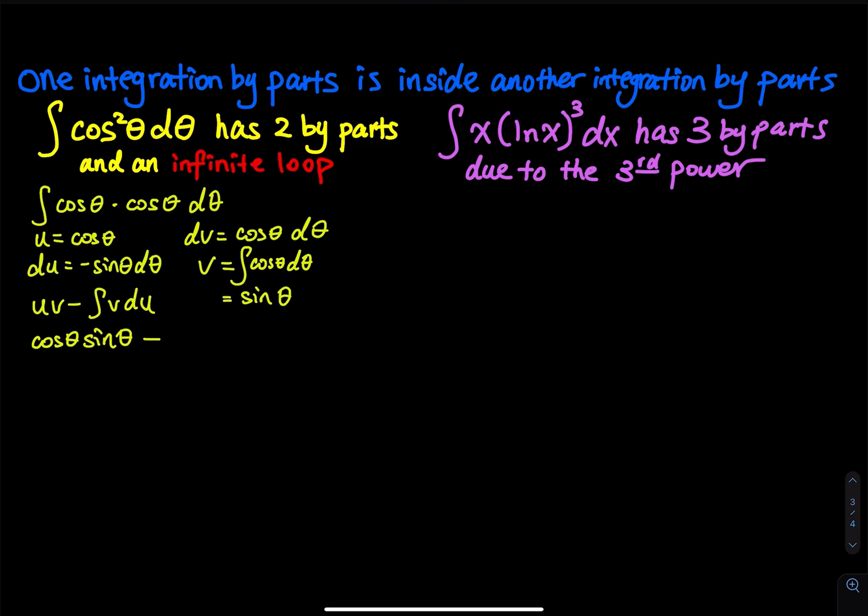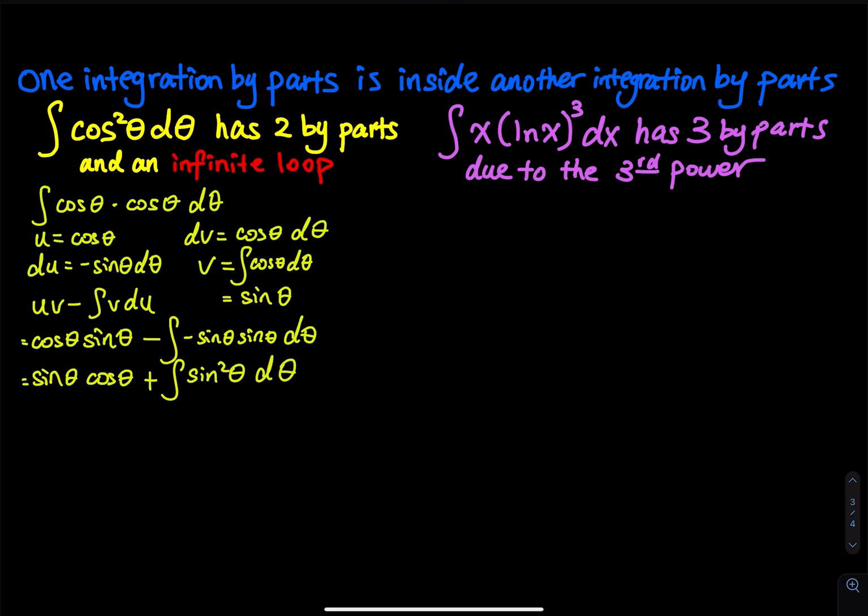So we get negative sine of theta times sine of theta d theta. Here we have sine of theta times cosine of theta, and minus minus becomes a plus, so you have the integral of sine squared of theta, or you can leave that as sine times sine.